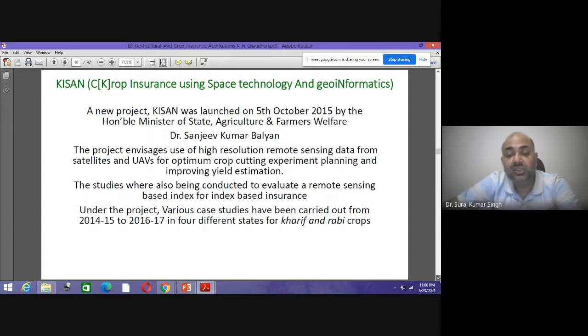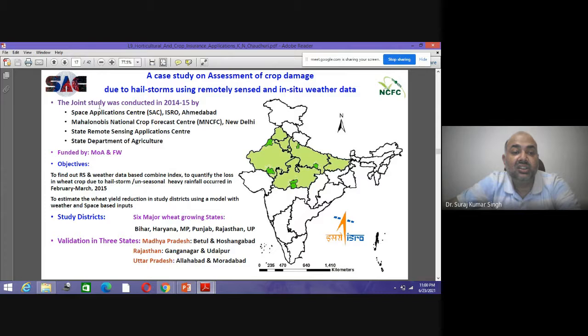In the various screens, you can see a case study of assessment of crop damage due to hail using remote sensing and weather data, performed by Space Applications Centre, New Delhi, State Remote Sensing Centre, and State Department of Agriculture. The objective was to find a remote sensing and weather data combined index to quantify the loss in wheat crop due to hail.